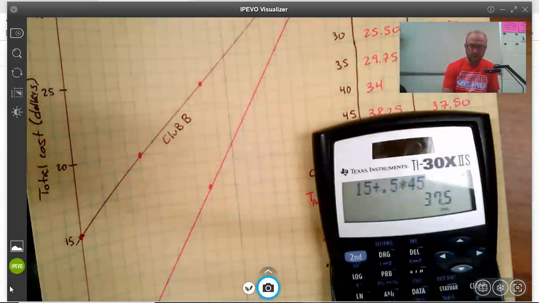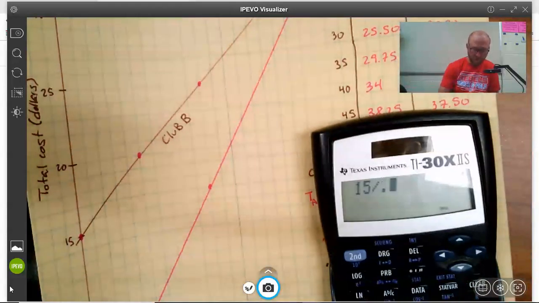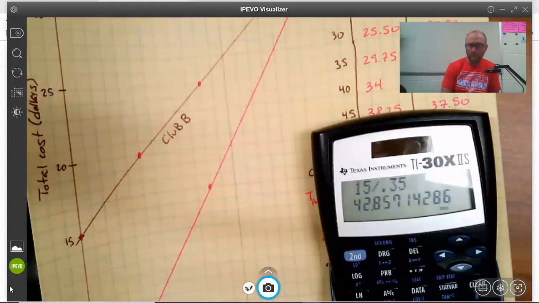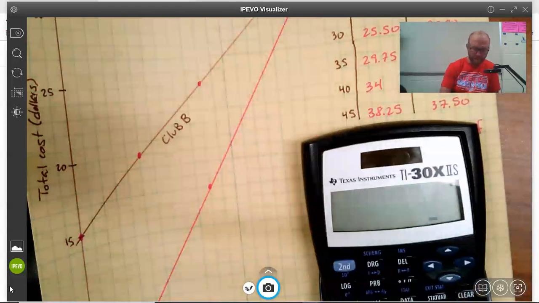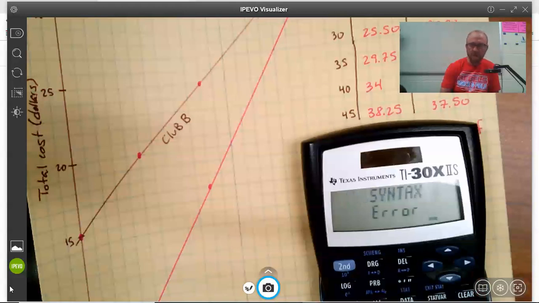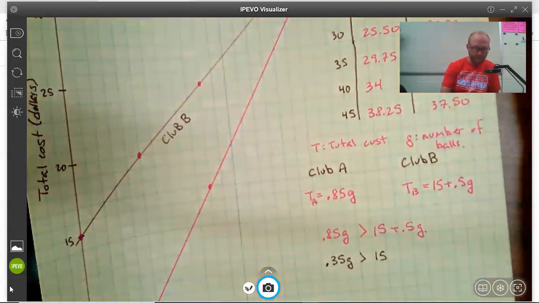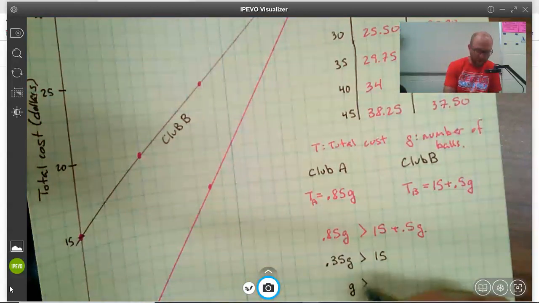Get my calculator out for that. 15 divided by 0.35 is 48.857, something or other. So let's write that out as a fraction instead. G greater than 15 over 0.35.